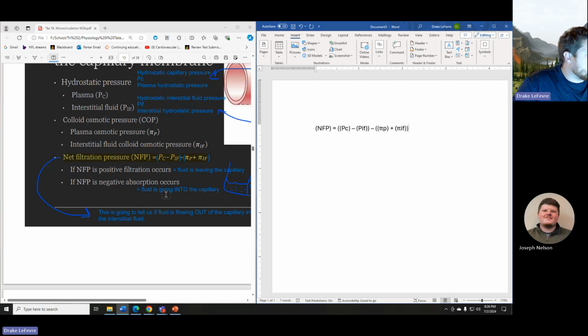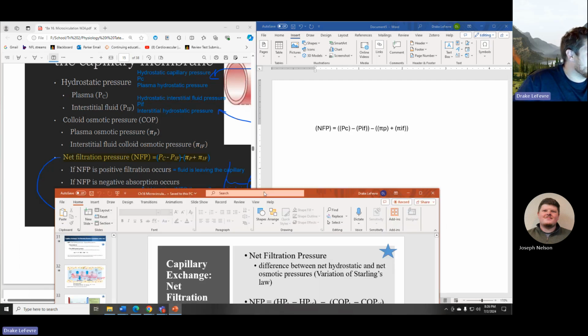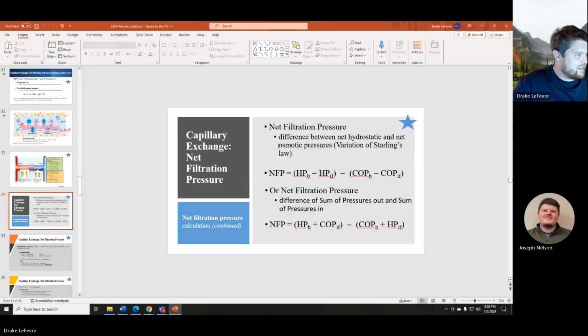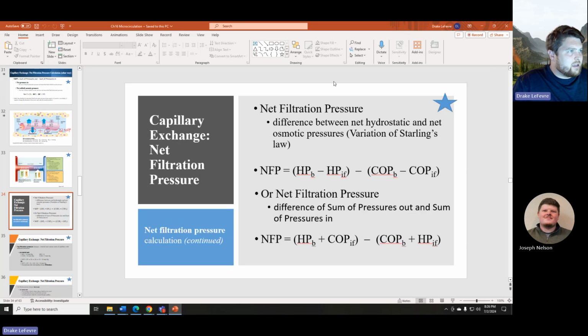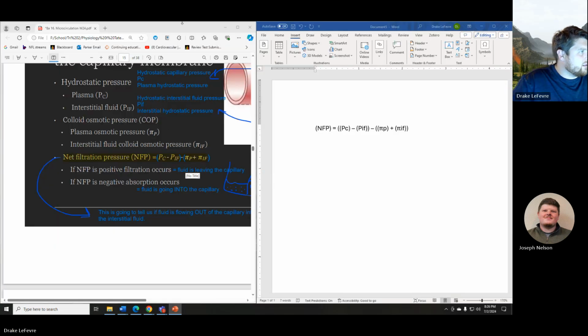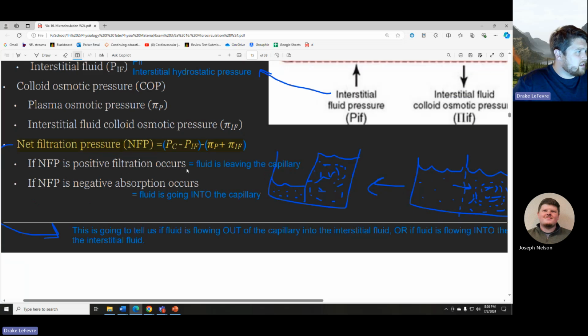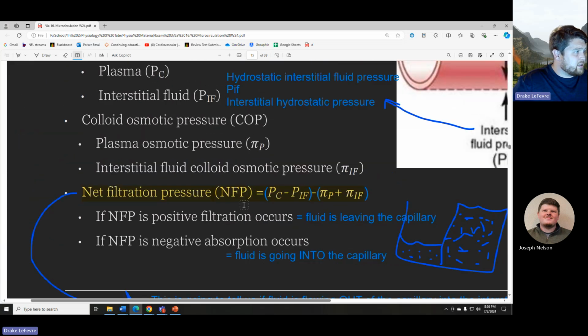Okay, this equation is just wrong. I'm glad that I saw this. These are the correct equations right here. Let me fix this because this is not right.